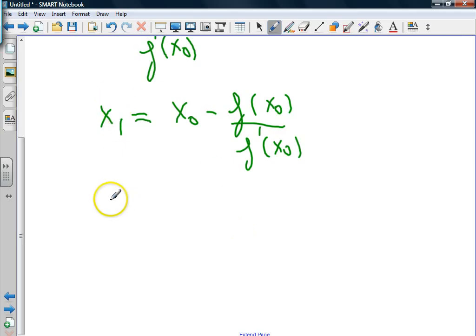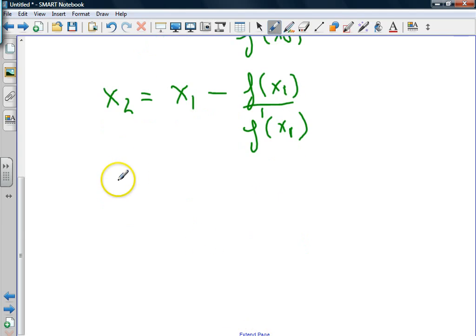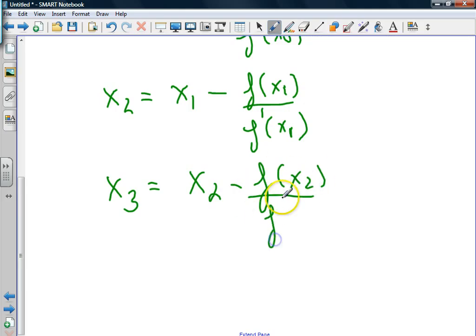If x1 isn't good enough, x2 is based on x1. If x2 isn't good enough, x3, a better guess or better answer, is based on x2, doing the exact same procedure. Because we're just going to draw multiple, many tangent lines, is what we're going to do.